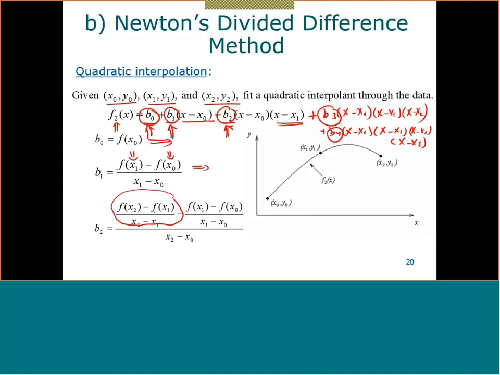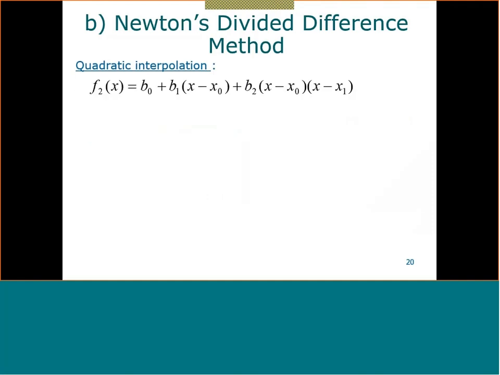And minus b1, divided by x of 2 minus x of 0, the whole range that you are working with. Without going into details and the mathematical proof, I'm trying to establish the pattern so that you can easily derive the equations.